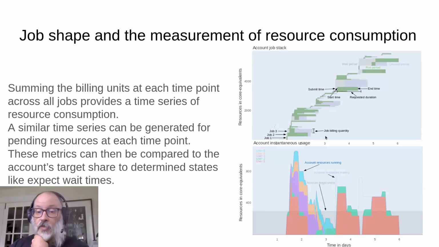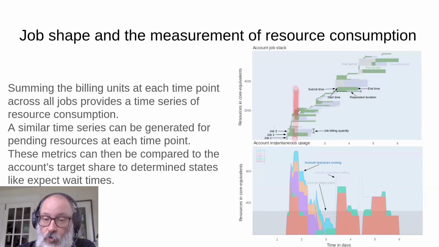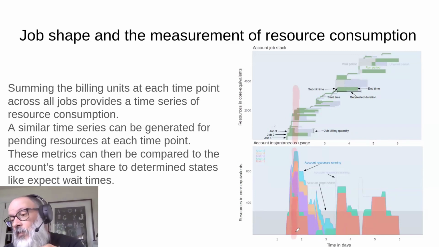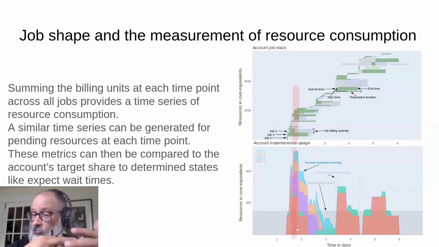So in this case, these are figures that are generated from that ViewClust package that we demonstrated. Across all of these jobs at this time, if we sum all of the green, we basically get this spike of usage. Now, importantly, this is the usage for an account.